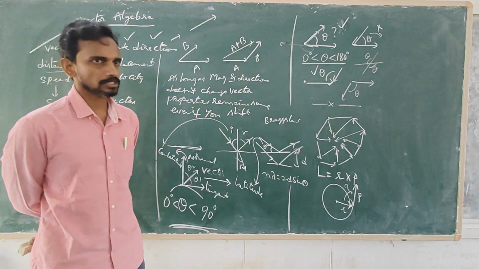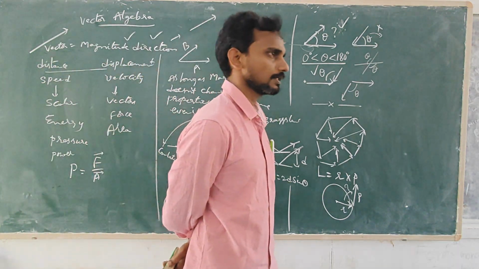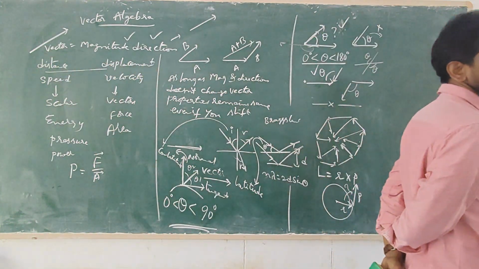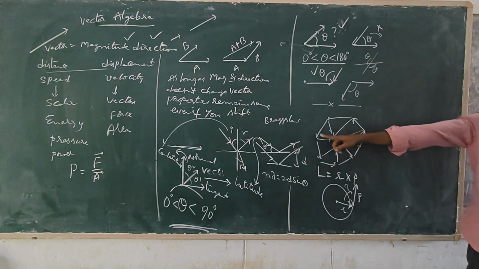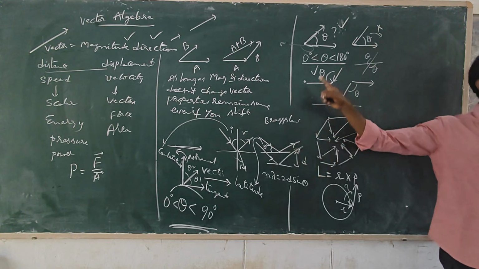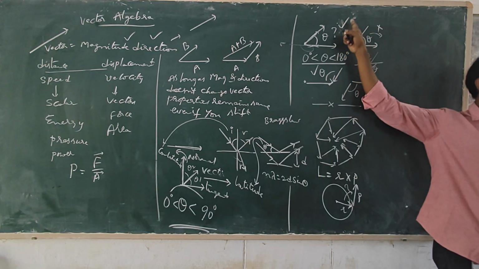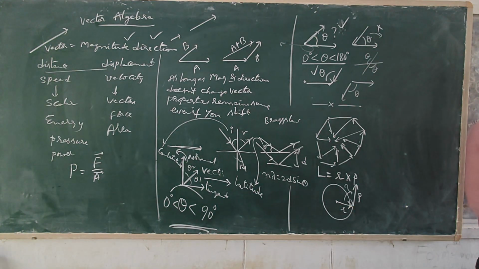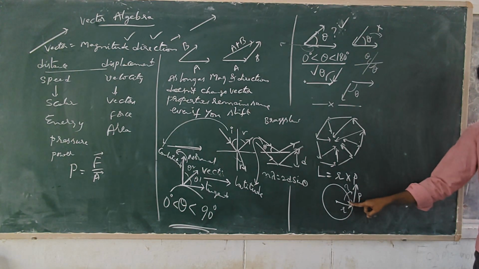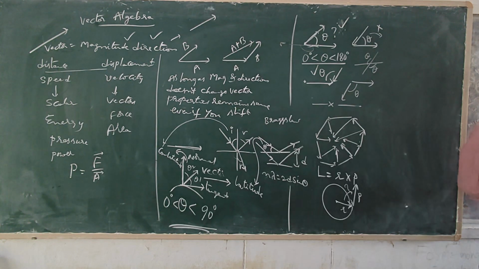You have to identify the lowest angle and identify the direction. How to see it: from r to p. So when you are measuring angle, you have to keep the first rule. What is that? Either you should have a converging pair or a diverging pair. What is happening here? One is a converging vector, another is a diverging vector.